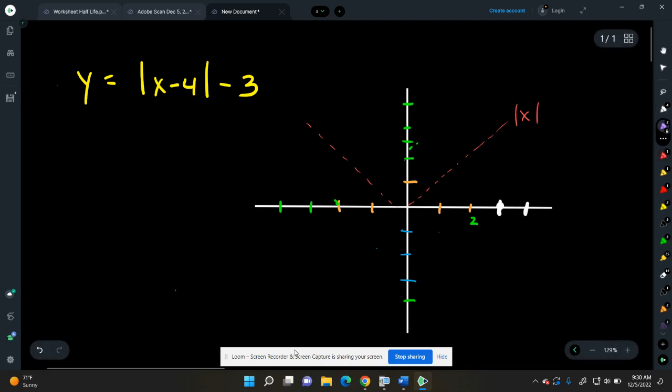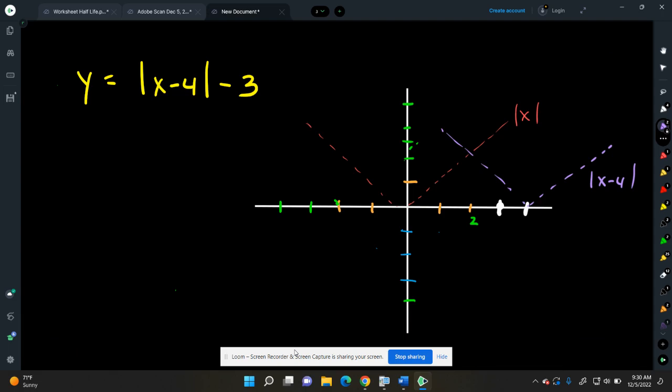To the right 4. Okay, so here if I move it to the right 4, that's what it looks like. So I'm going to label this absolute value of x minus 4. And then down 3. Good. 1, 2, 3. Right. And we're finished.